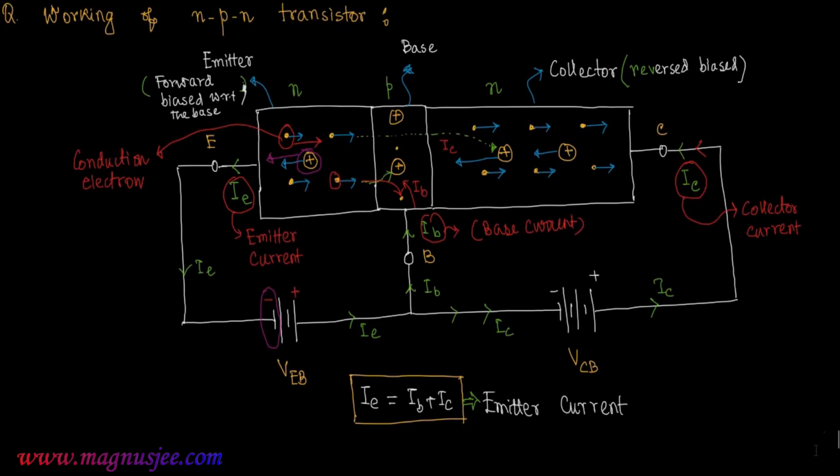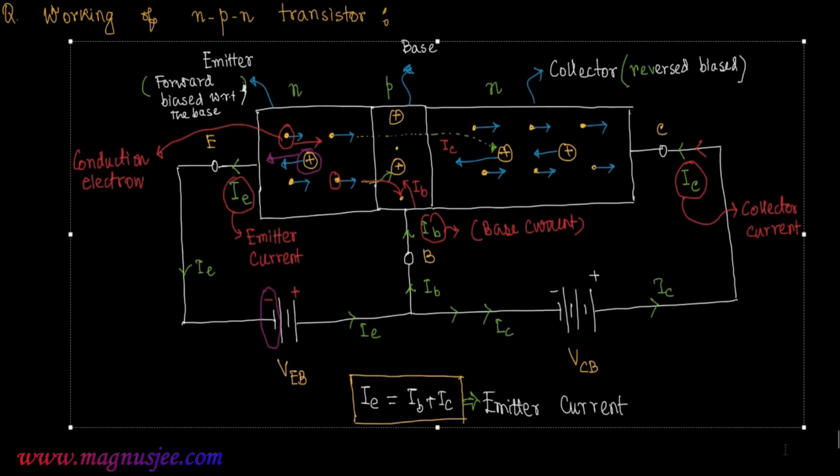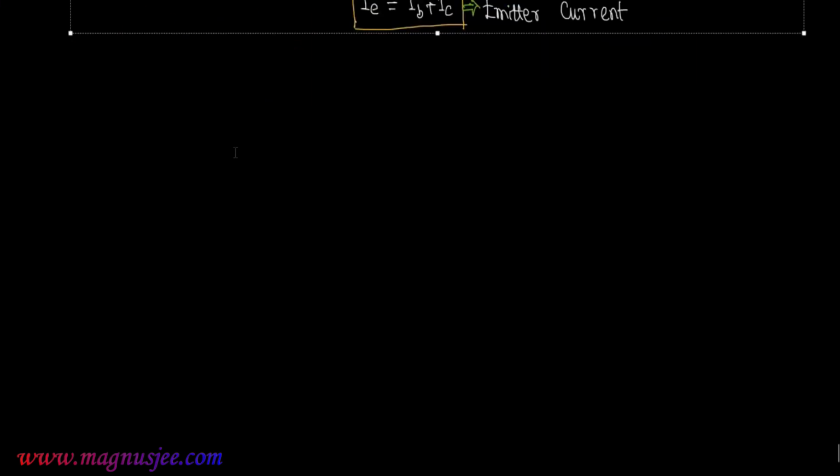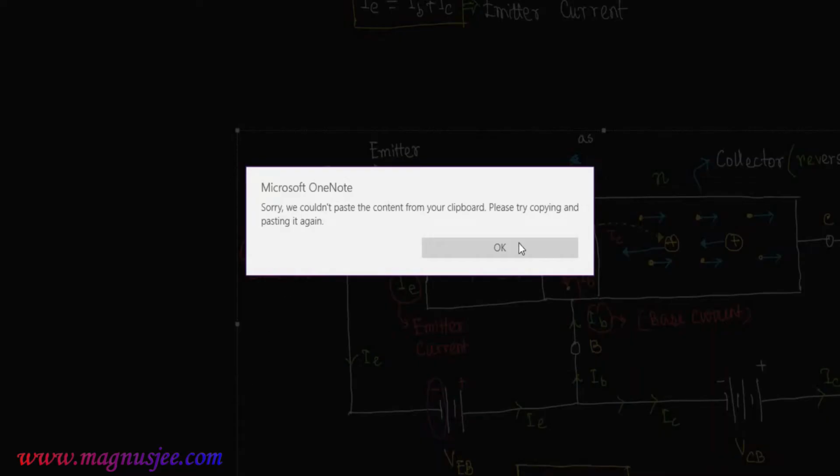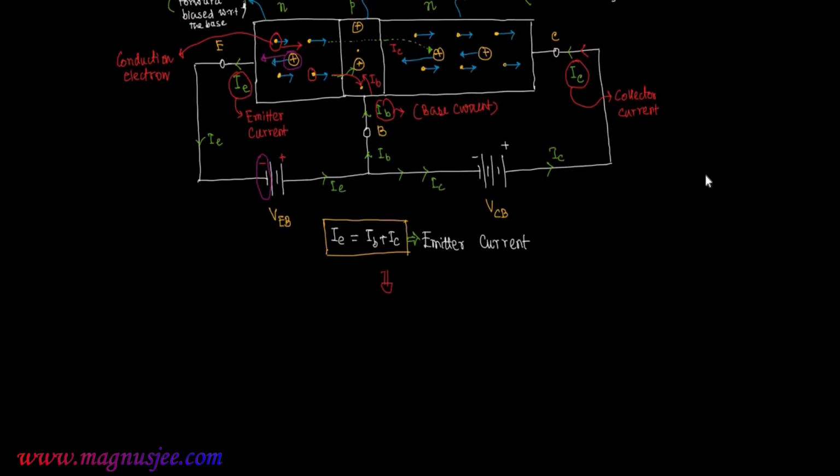Now we can draw the equivalent symbol of NPN transistor. The most important thing is that the emitter is always forward biased, and the collector is always reverse biased with respect to the base. The equivalent circuit diagram will be what?